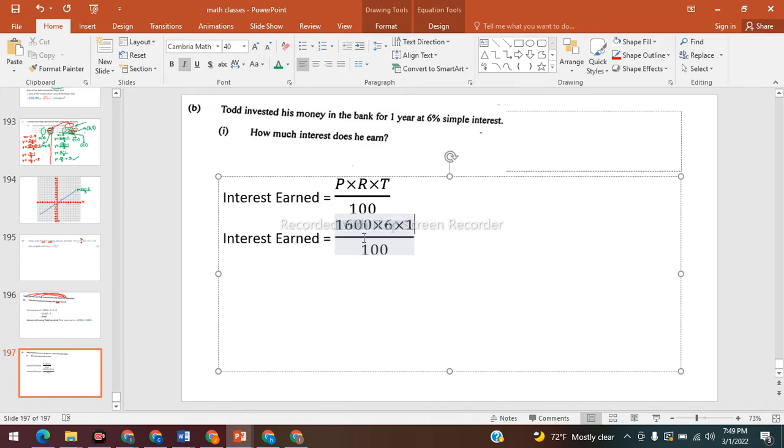Okay, good. It's going to be equal to 1600 times 6 times 1, all divided by 100.